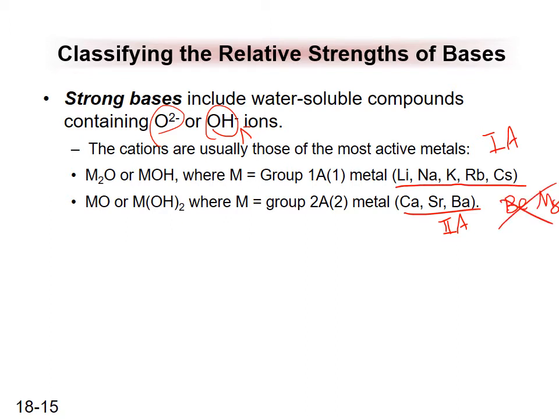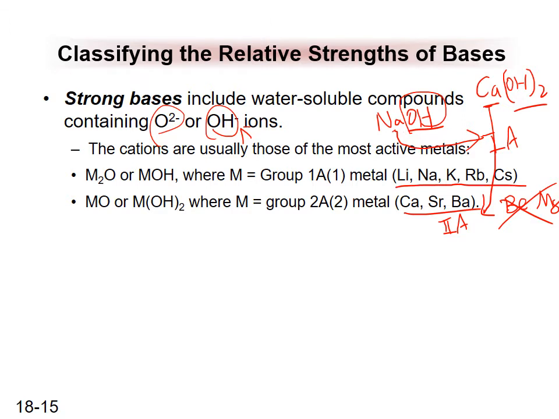For example, sodium hydroxide is an ionic compound, the anion is hydroxide and the cation is a group 1 metal. Or calcium hydroxide, hydroxide with a group 2 metal. So these are strong bases.